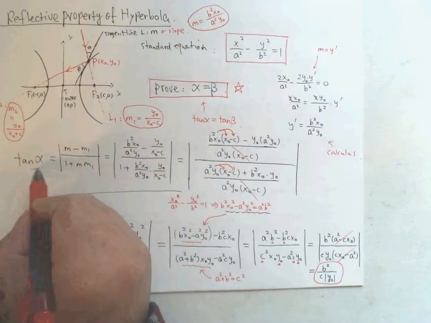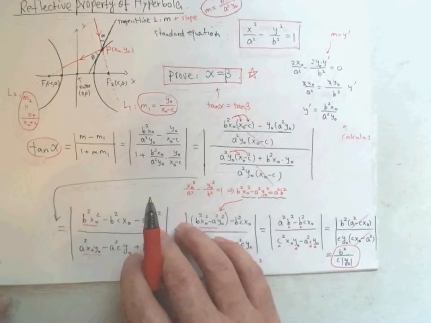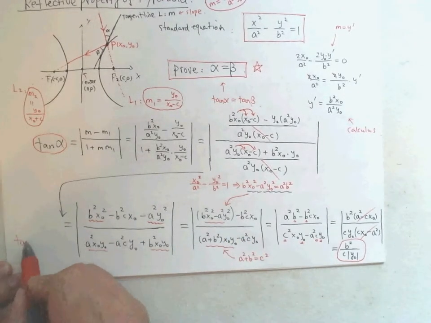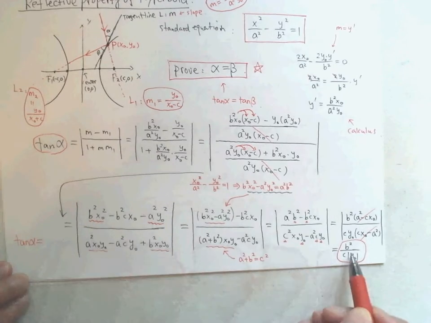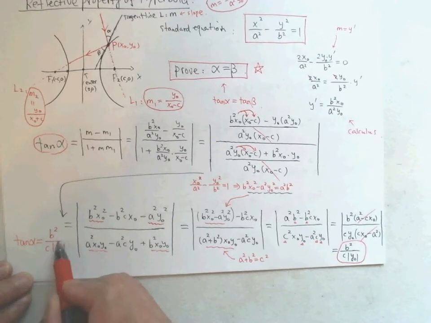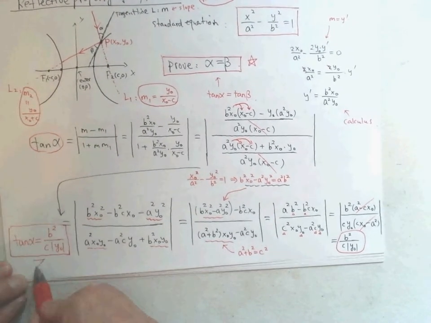So I copy. Put it somewhere. This is the beginning. This is the end. I put this small box to here. What we get from this step is tangent alpha equals this number, which means b square over c times the absolute value of y.